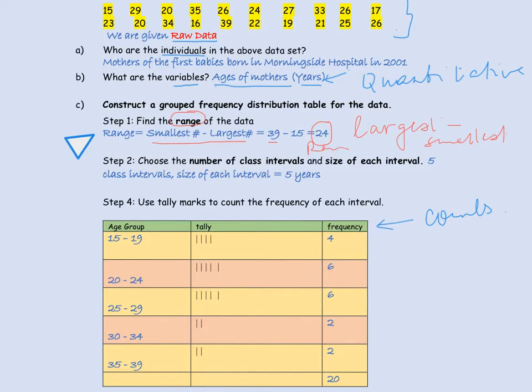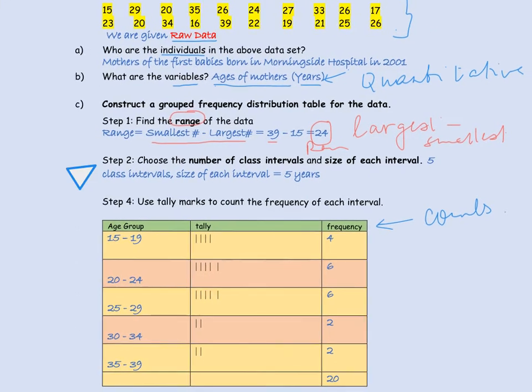Next, we're going to divide this entire data set into about 5 subgroups or class intervals. So how do we do this? Let's take the range, which is a total of 24, divided by 5, because we want about 5 class intervals or bins.